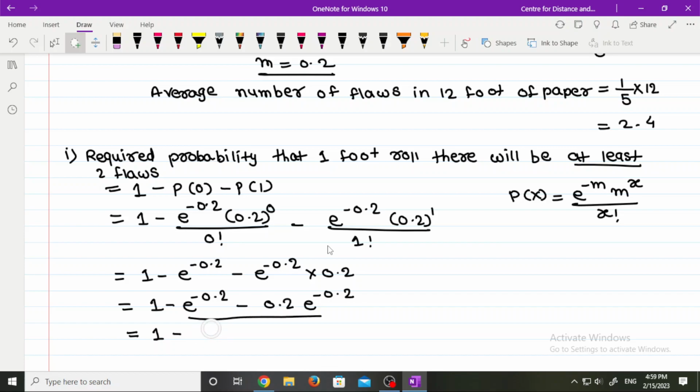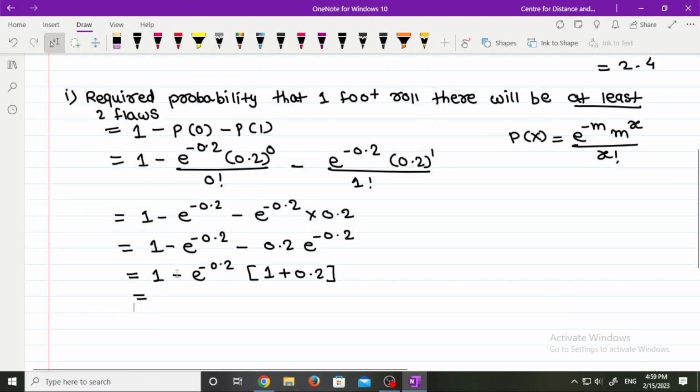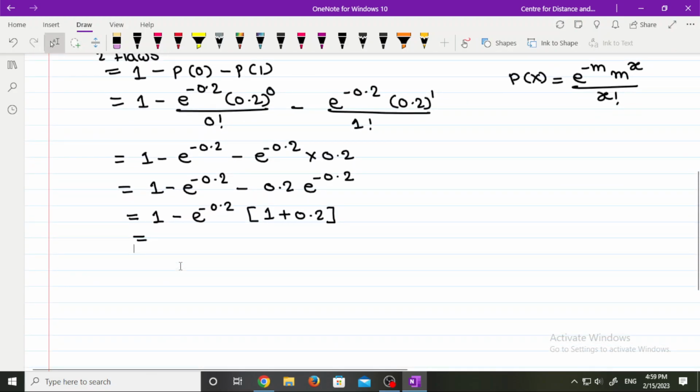which is equal to 1 minus, from this equation we take common the value e raised to minus 0.2. So here we get 1 plus 0.2, then 1 plus 0.2, which is equal to 1.2.